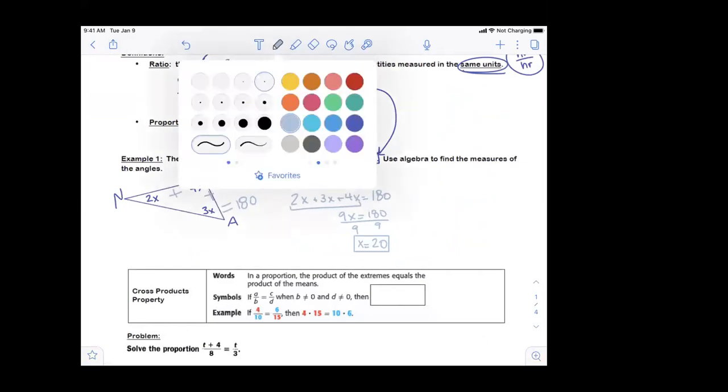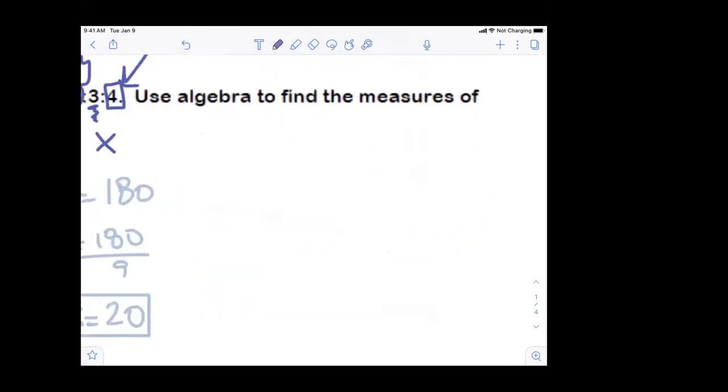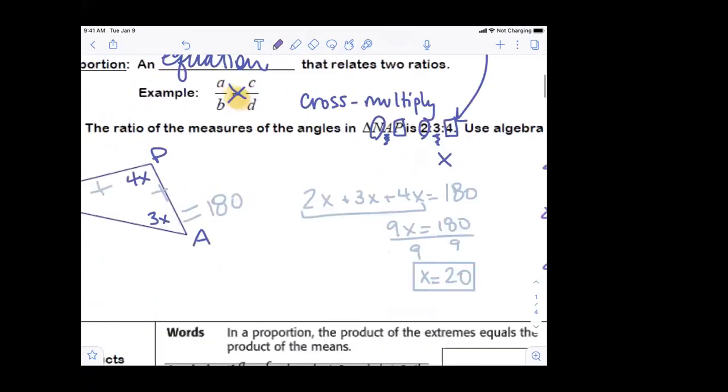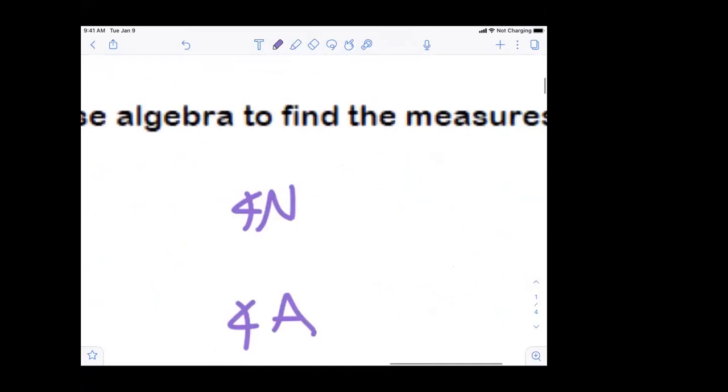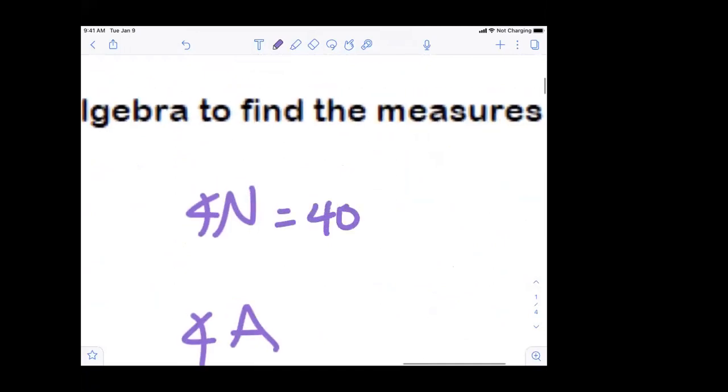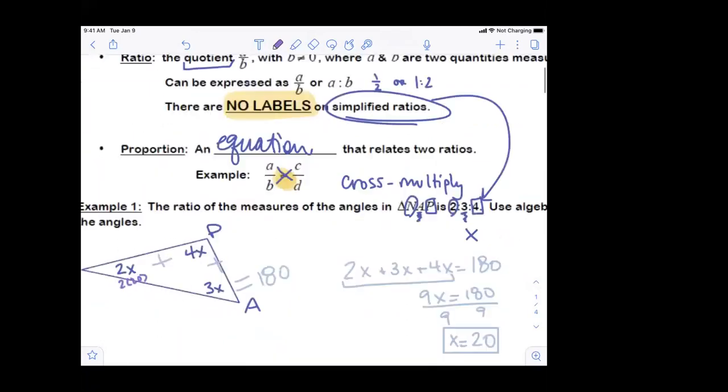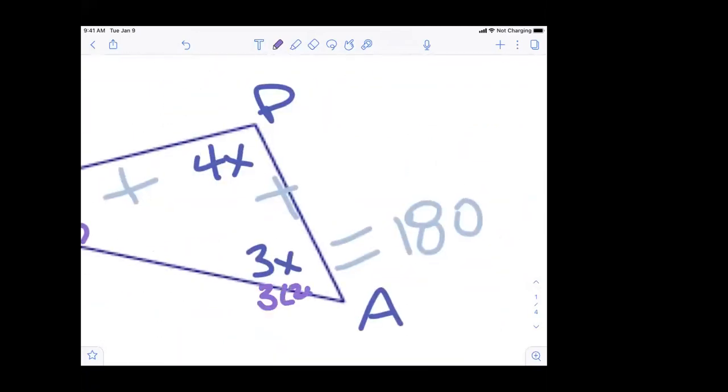I'm going to list them off to the side. I'm going to say measure of angle N is something, measure of angle A is something, measure of angle P is something. Now we're going to replace x with 20 for all of these, so we can do 2 times 20. 2 times 20 is going to be 40. So angle N is 40. Same thing for angle A. It's 3x, so I'm going to do 3 times 20, and 3 times 20 is going to be 60.